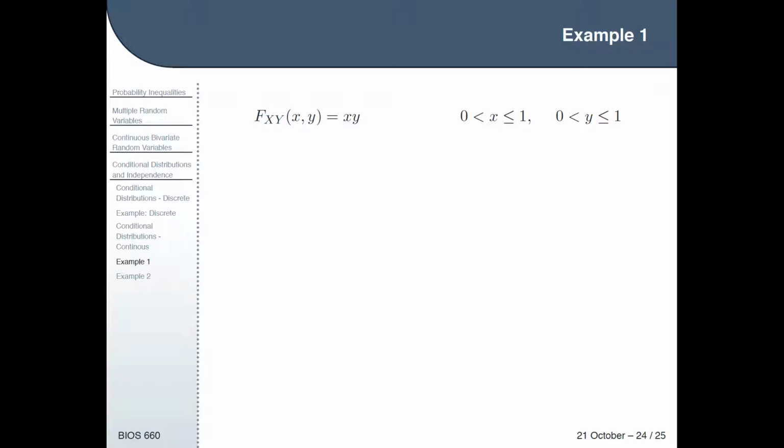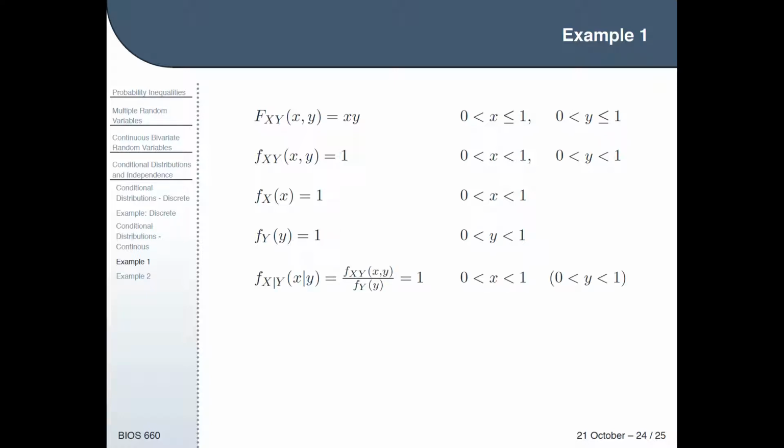So let's go back to the two examples that we did earlier. One, the joint uniform distribution. As we saw earlier, the joint PDF and both of the marginal PDFs are equal to 1, indicating that any point in that unit square is equally likely. So to find the conditional PDFs, you just take the joint PDF, which is 1, divided by a marginal PDF, which is also 1, so it's still 1.